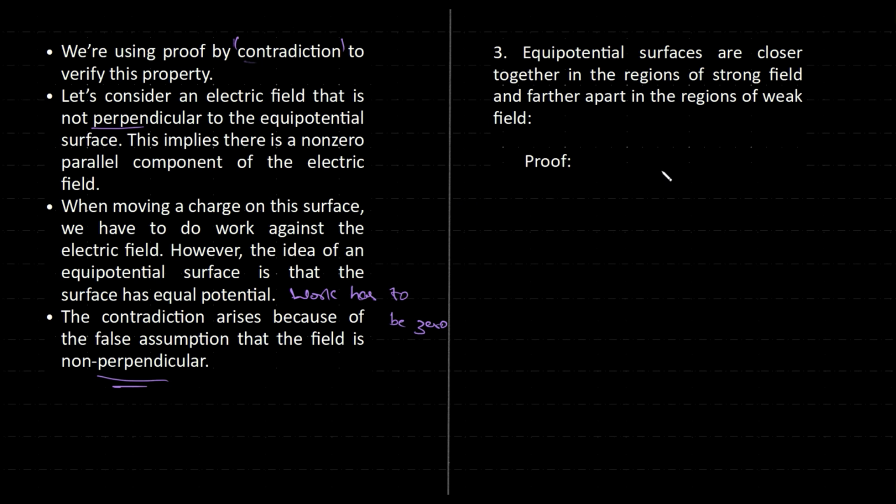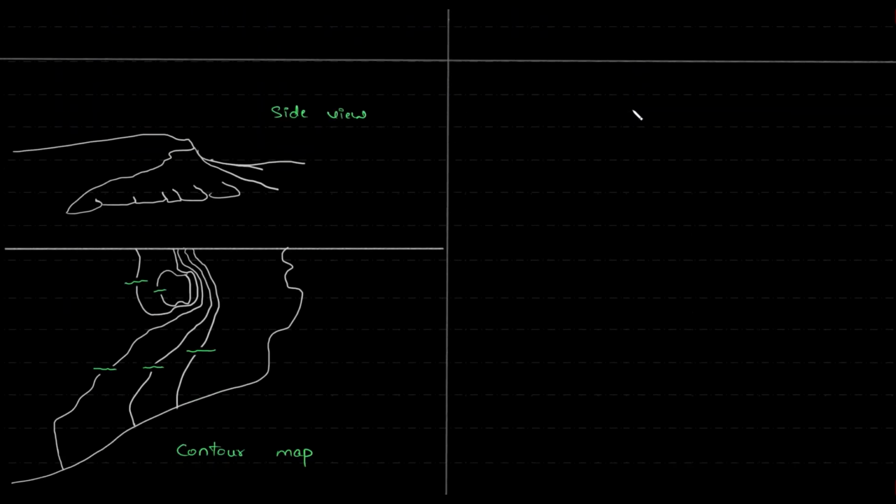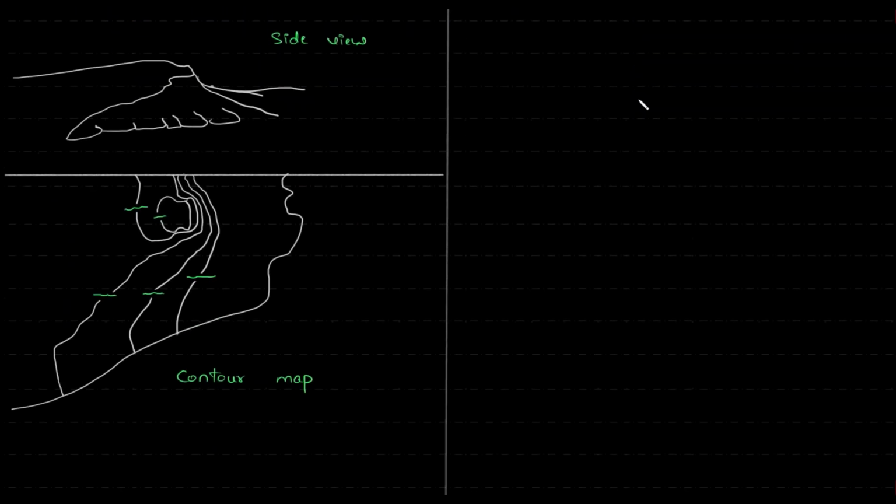Proof by contradiction. Now, the third property is that equipotential surfaces are close together in a region of stronger field and further apart in a region of weaker field. Again, we have the idea of equipotential surface, electrical field, gravitational field. All of these are fields. They have certain properties that are quite similar, including this. Now, over here we have a mountain or a hill, and somewhere here is the top.